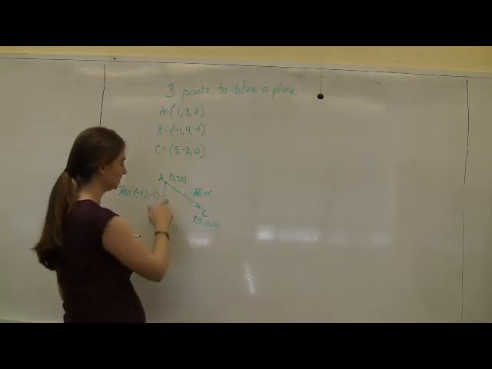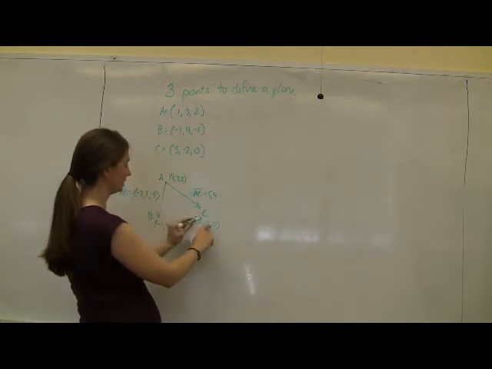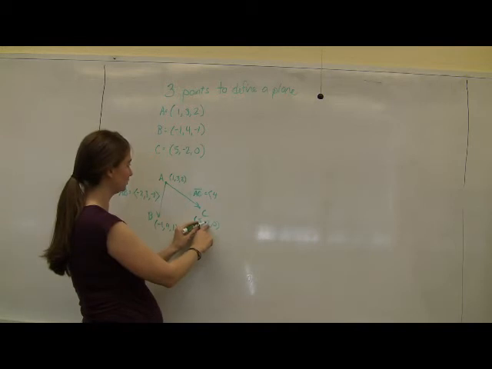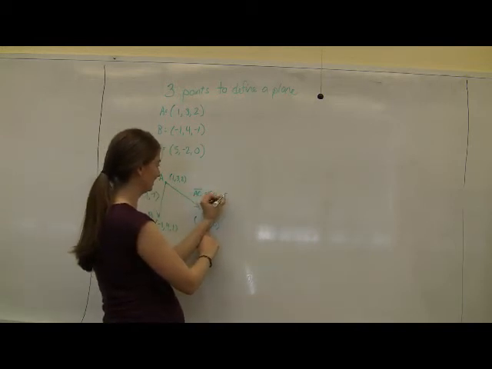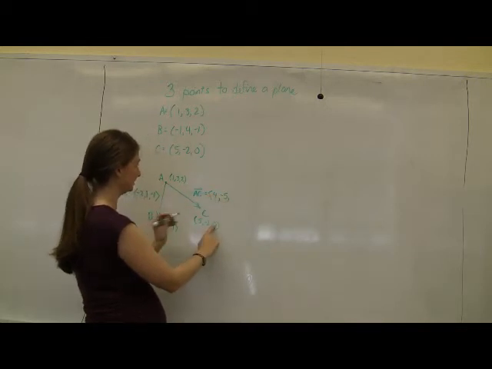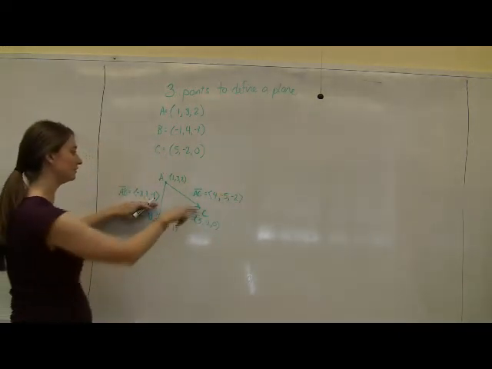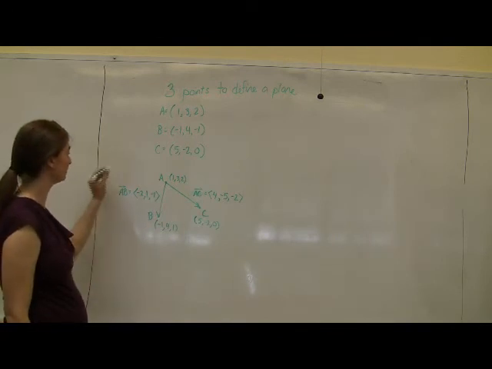So to get this vector, I know that I'm going to take 5 minus 1 is 4, negative 2 minus 3 is negative 5, and 0 minus 2 is negative 2. So now I have 2 different vectors, and I know that these vectors live on the surface of the plane. So that's my step 1.